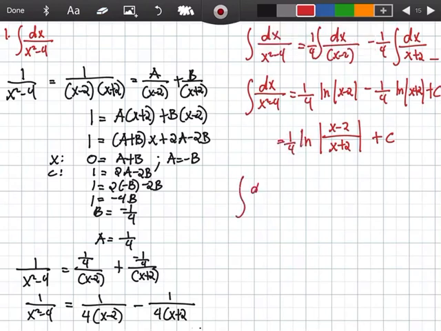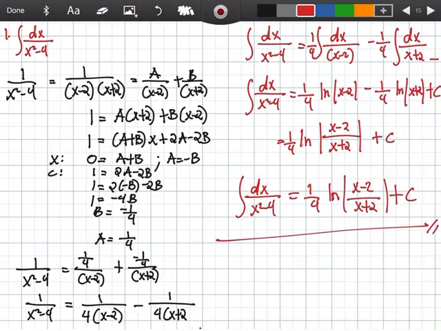So, integral of dx over x squared minus 4 is equal to 1/4 of ln of (x minus 2) over (x plus 2) plus c. So, that's it. From this, for something we cannot solve directly, we first do it this way.